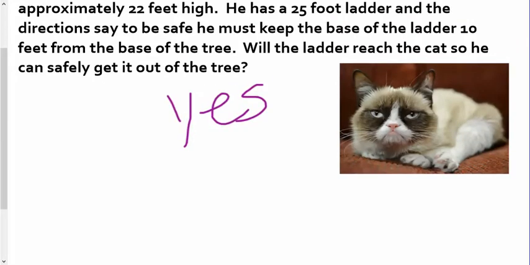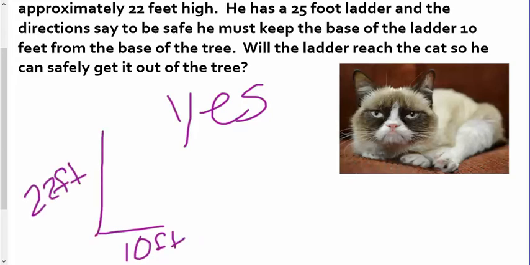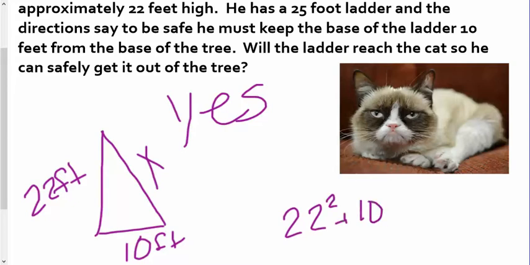We're told that our triangle has a base length from the tree of 10 feet, and the height is 22 feet. If I want to figure out what the minimum hypotenuse is, I just have to take 22 squared plus 10 squared, and say that's equal to c squared.